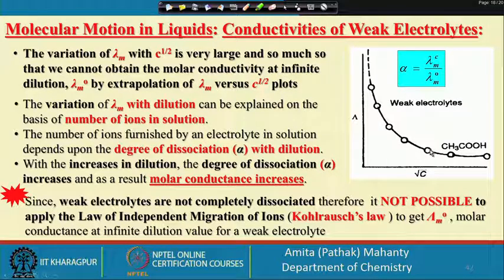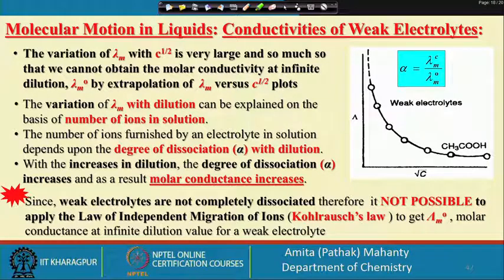The variation of lambda with dilution can be explained on the basis of the number of ions in solution. The number of ions furnished by the electrolyte depends on the degree of dissociation, and the degree of dissociation increases with dilution. With increased dilution, the degree of dissociation increases and molar conductance increases.